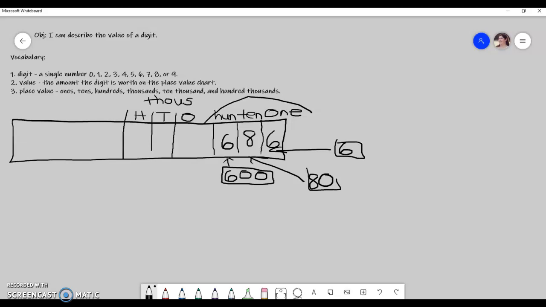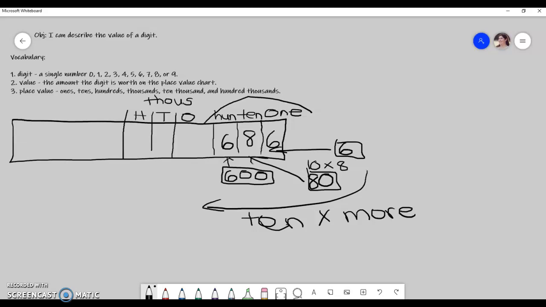So each value, as you go up the place value chart, is 10 times more. So 6 has just 6 ones. 8, 80. 10 times 8 is 80. So that's 10 times more than the ones place.